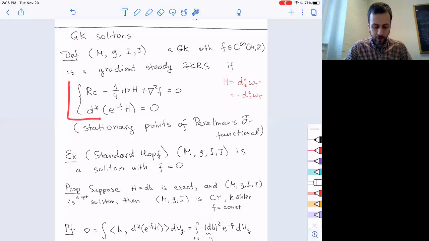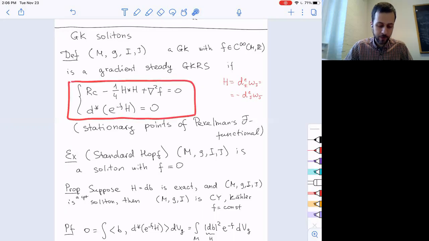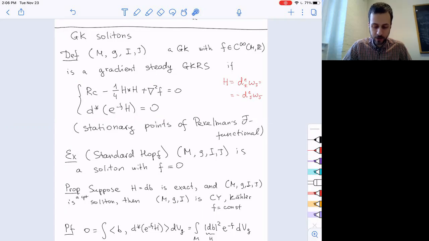And you have this system of equations. These equations appear independently in other contexts, not only in the generalized Kähler world. They appear in generalized Ricci flow, in pluriclosed complex geometry, but we will be considering them in the generalized Kähler setting.